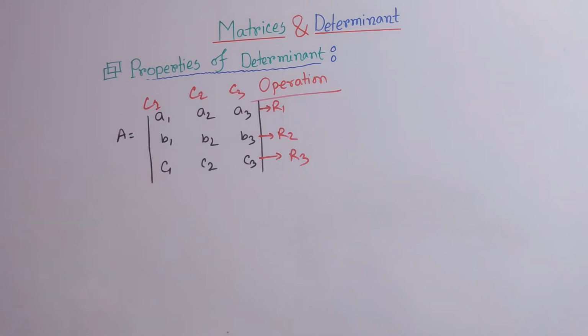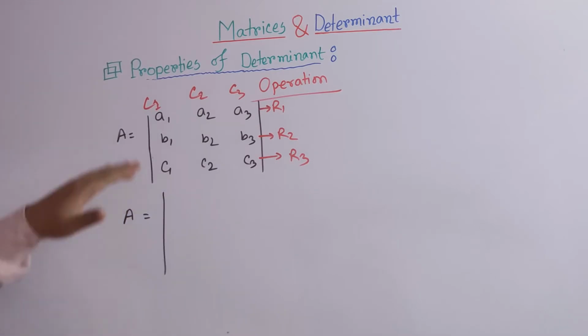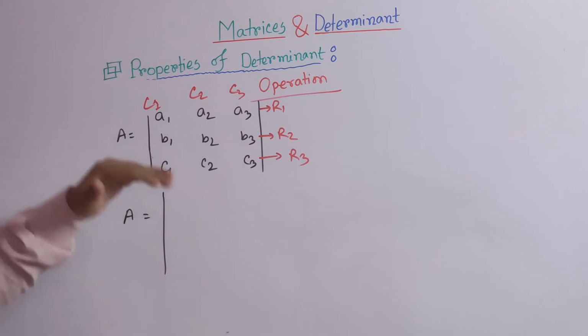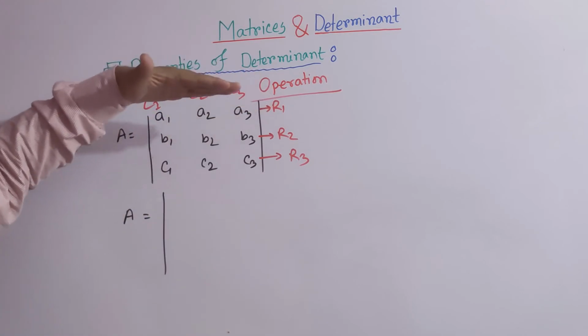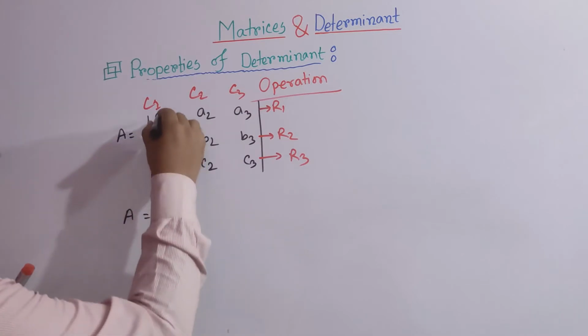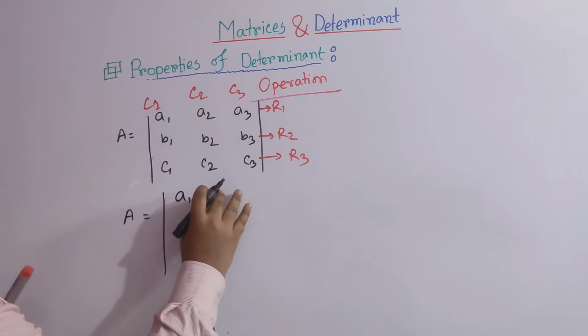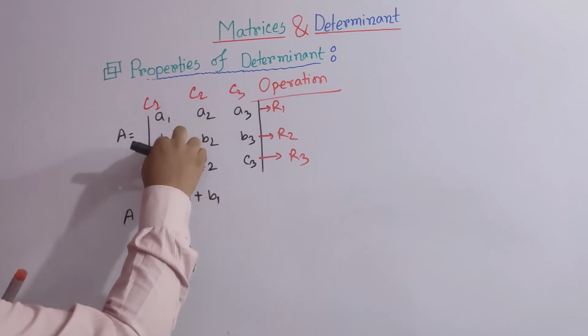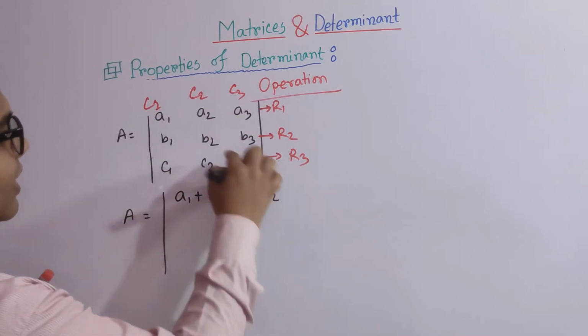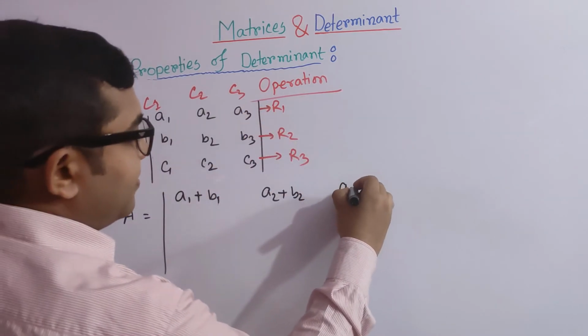So when you are thinking about row operation, say for example we are trying to focus on only the first row. If we add the first row with the second row, what can we write? It should be A1 B1, A2 B2, A3 B3.